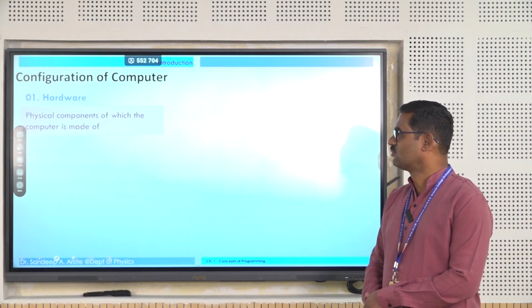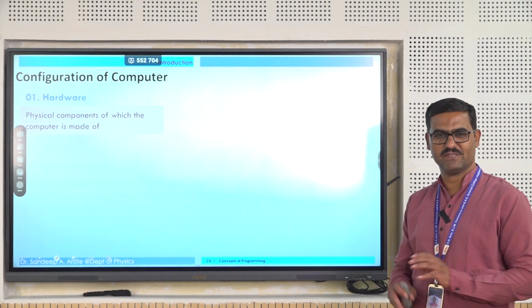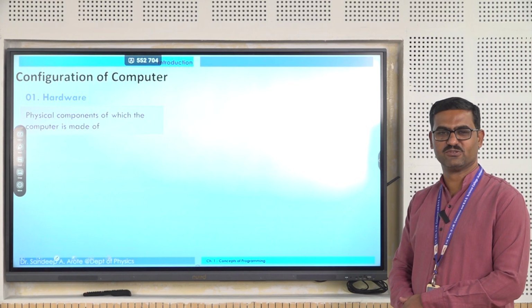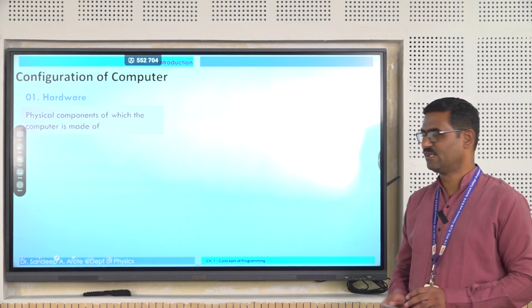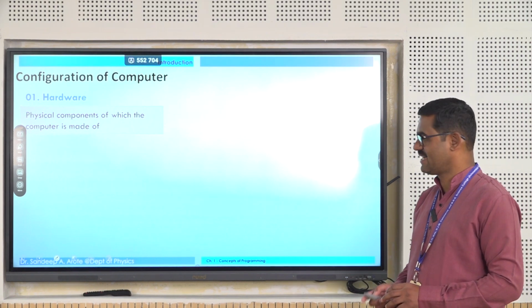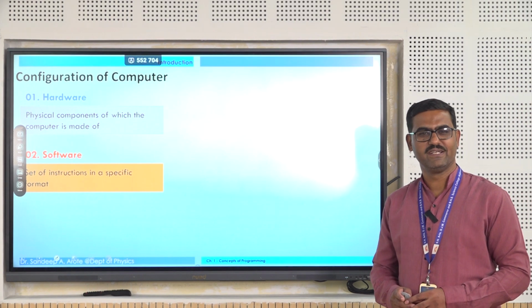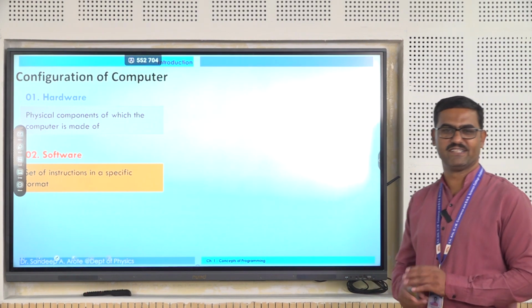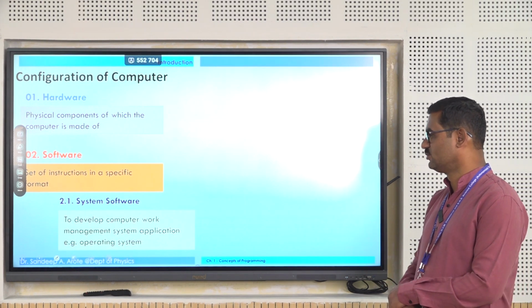Now to configure the computer, we must understand two basic things related to a computer. The first is known as hardware. All the physical components of which the computer is made up are known as hardware, while software means the set of instructions which you provide in a prescribed format to the computer. This software is again divided into two parts.